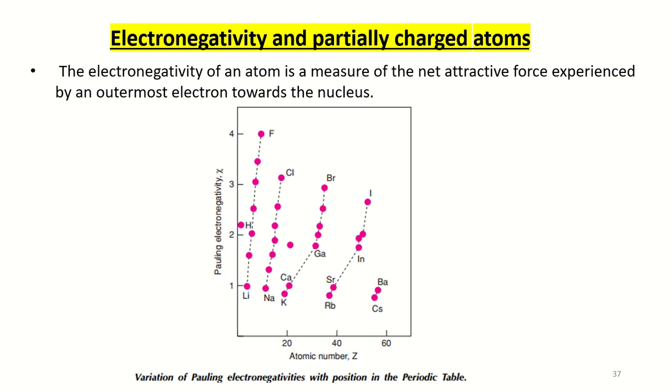The electronegativity of an atom is a measure of the net attractive force experienced by the outermost electron towards the nucleus. Electronegativity originated with Pauling and is a parameter that correlates with polarity.